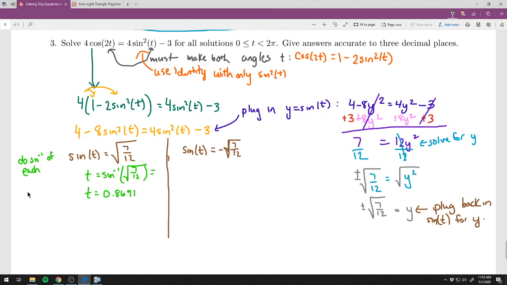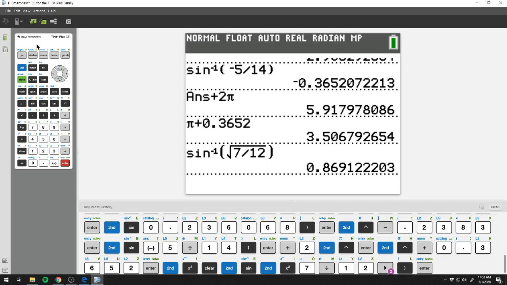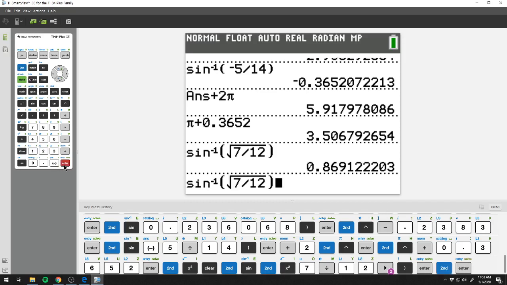All right, and I'll talk about the quadrants and getting all the angles in a second. But this one I'll also do the same way. Do the sine inverse of each side. Remember the negative is in this side already, so it goes inside. And then sine inverse of negative square root of 7 over 12. Be lazy here and hit second enter, so the same thing pops up.